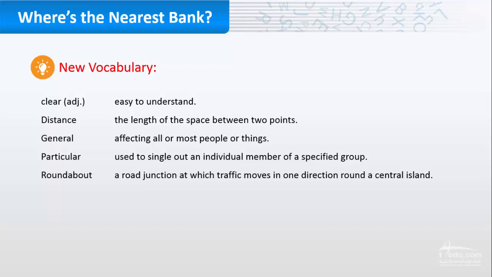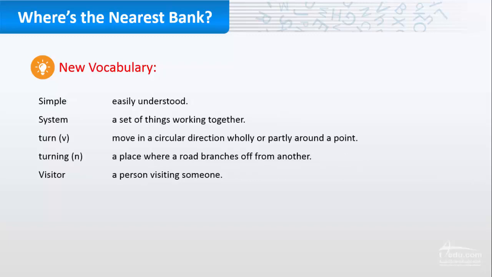Roundabout, it's a road junction at which traffic moves in one direction round a central island. Simple means easy to understand. System, a set of things working together. Turn, move in a circular direction wholly or partly around a point. Turning, a place where a road branches off from another. And visitor, a person visiting someone.